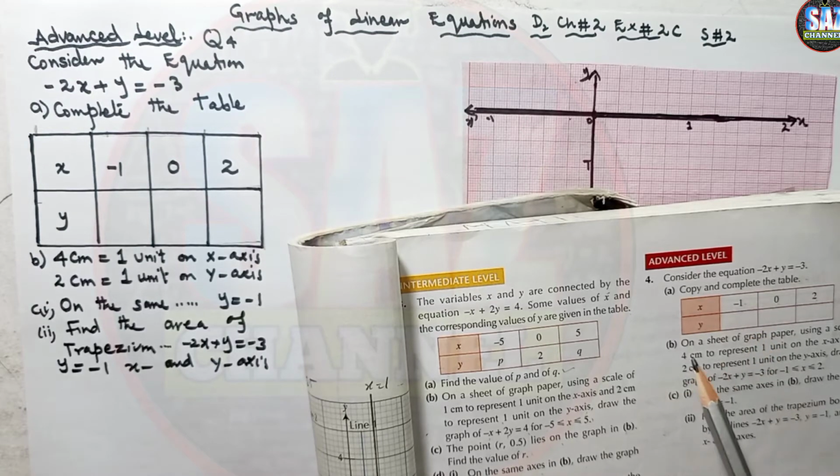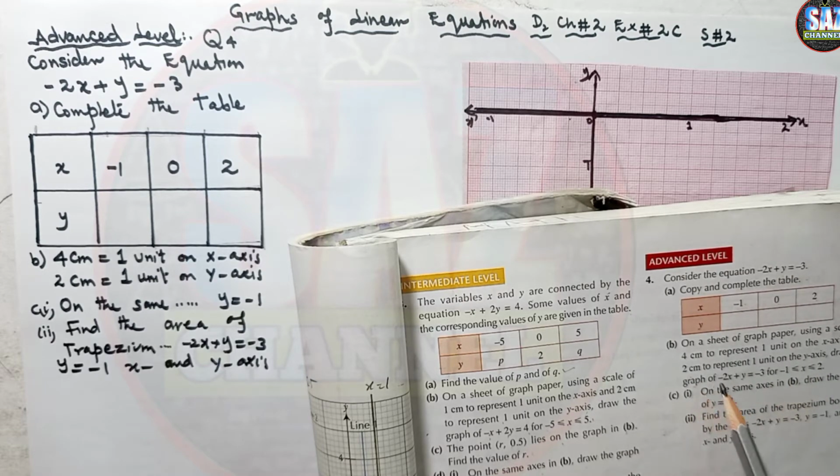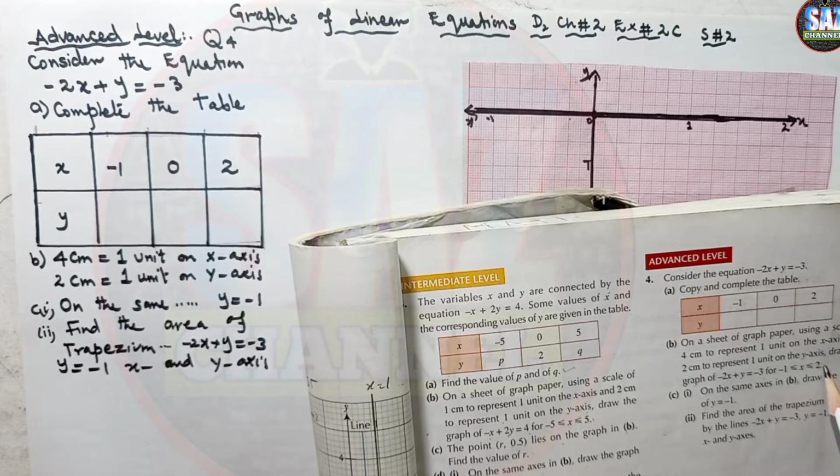Then the next task is on a sheet of graph paper, using the scale 4 centimeter equals 1 unit on x-axis and 2 centimeter to represent 1 unit on y-axis, we have to draw the graph of minus 2x plus y equals minus 3 for x lying between minus 1 and 2.